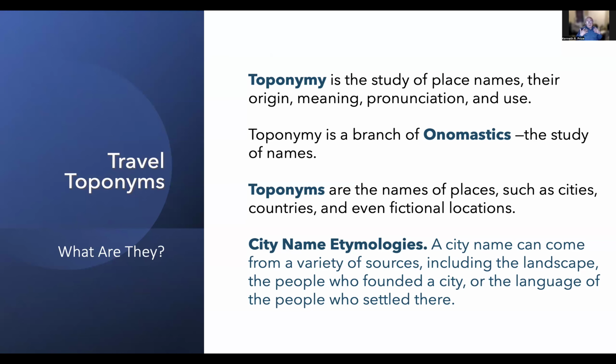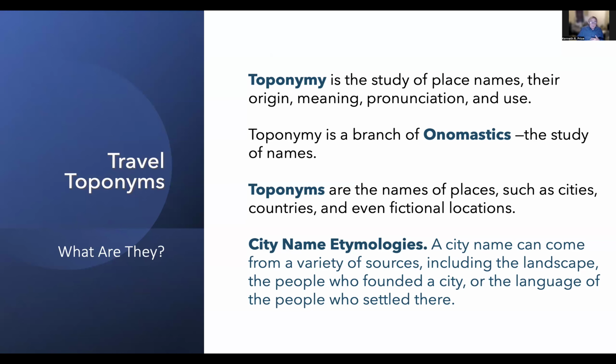You can see also that city name etymologies can come from a variety of different sources, as I'm sure everyone is well aware. As far as who founded a city or the language that people spoke there, the geographic landscape, topography, all of those go into naming cities.